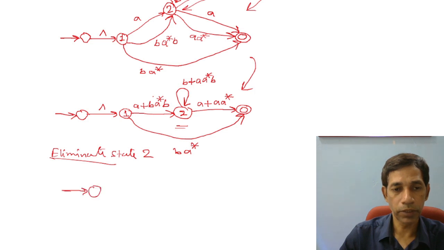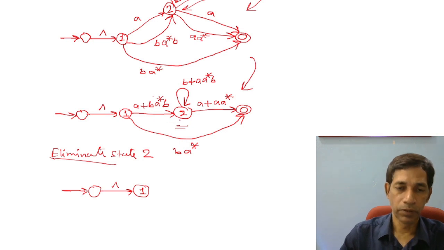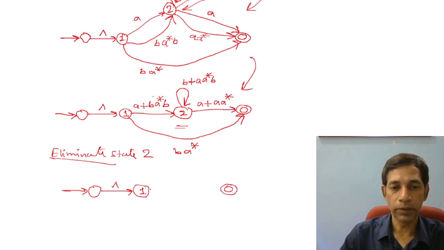This is the initial state, and from the initial state you are going to the state 1 for the label null. Eliminating the state 2 means you have to bypass the state 2. Once you bypass the state 2, the state 2 will not be here. You have the final state, and you have the direct edge from 1 to the final state.